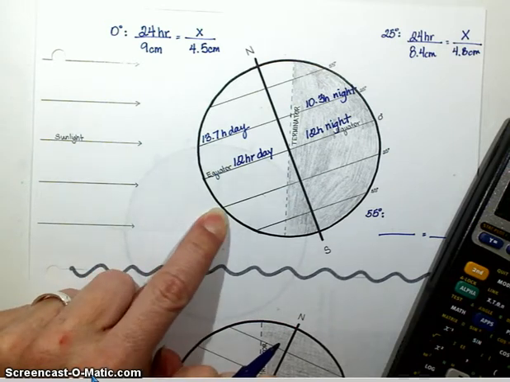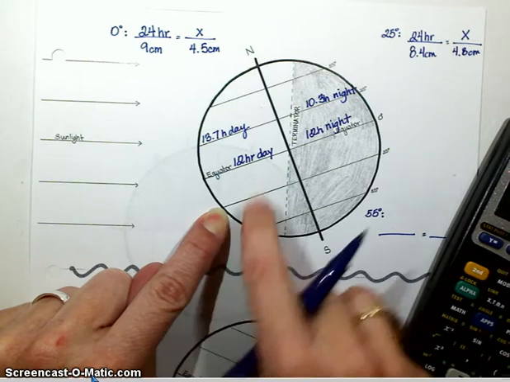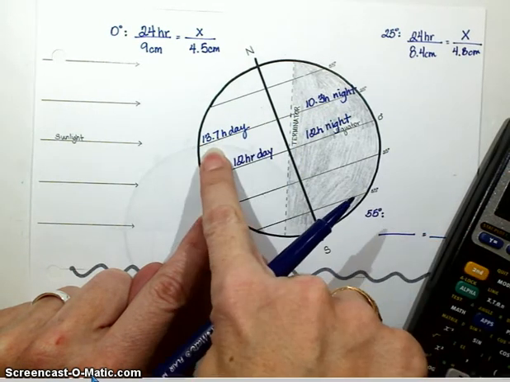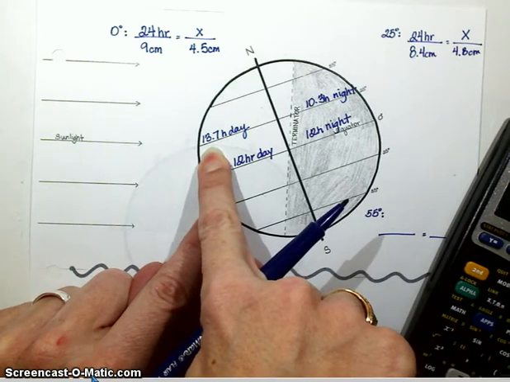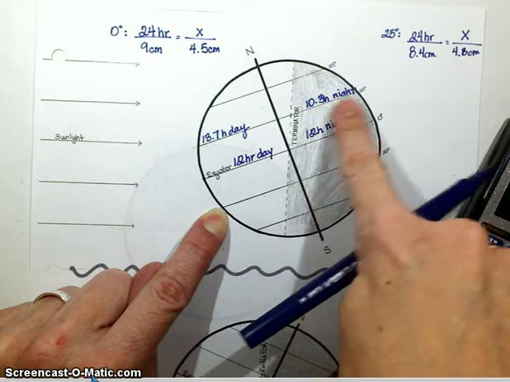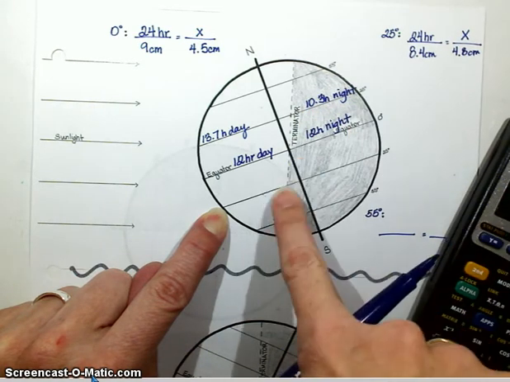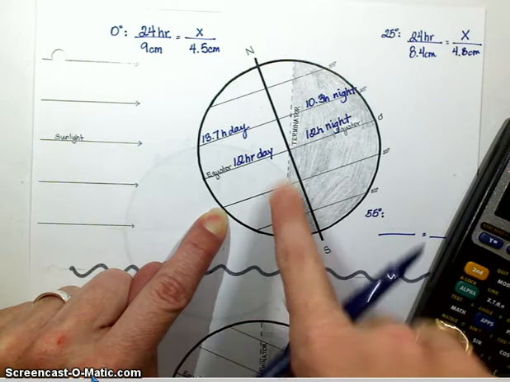Down here on the 25 degrees south, what do y'all think it's going to do? If I have 13.7 hours of day and 10.3 hours of night up here at 25 degrees north latitude, at 25 degrees south latitude, it's going to be exactly the opposite.